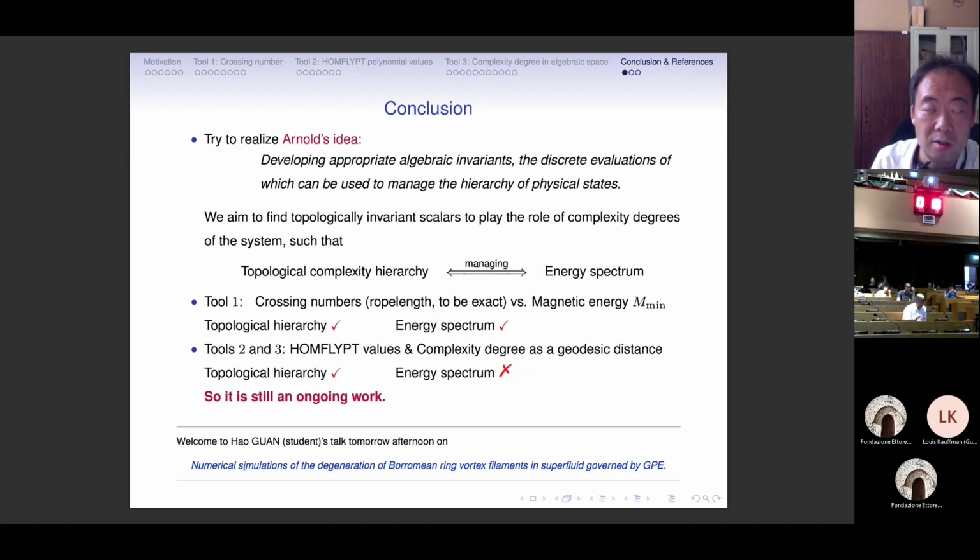There he will give us some degeneration maps for Borromean rings. The theoretical analysis is nothing but our method of 2, 3.